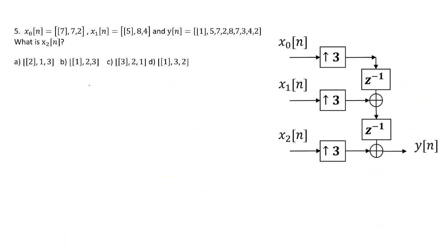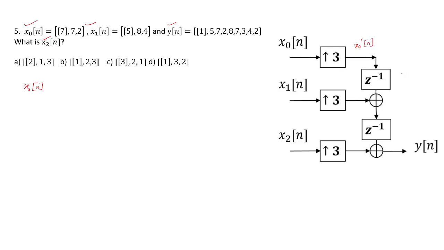So let us move to a similar kind of question. Only thing is that now the input sequence x2 is missing, x0, x1 are given, and y1 is also given. Let us write it down. x0 of n, when it passes through this upsampler block, we obtain x0 dash.